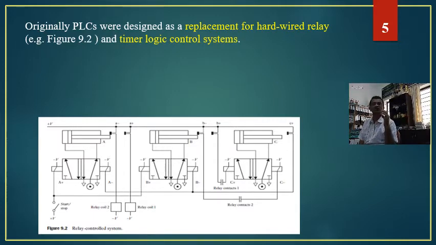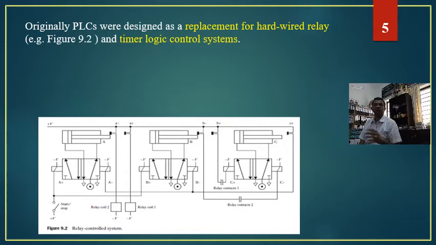That is one of the biggest hurdles of relay based systems. That is why, in order to overcome these disadvantages, engineers introduced programmable logic controllers into control systems. They replaced hardwired relays with PLCs.